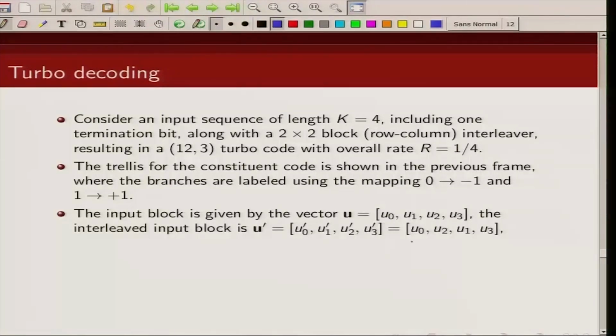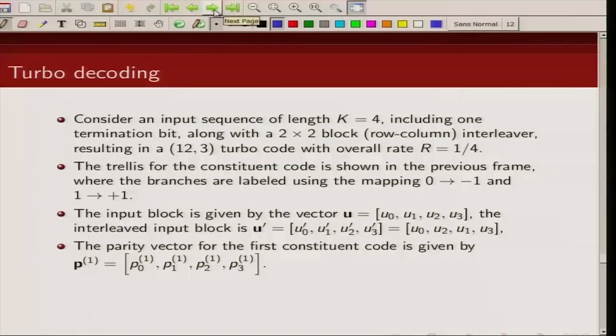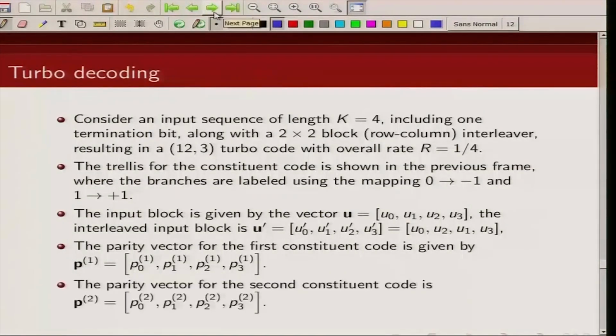If this is my input block, the interleaved block is given by u hat, and the corresponding parity for the first encoder is given by this, and the parity due to the second encoder is given by this. I use the notation P1 to denote the parity coming from the first encoder, and P2 to denote the parity coming from the second encoder. U is my information sequence, and U hat is the interleaved version of the information sequence which has been fed to encoder 2.